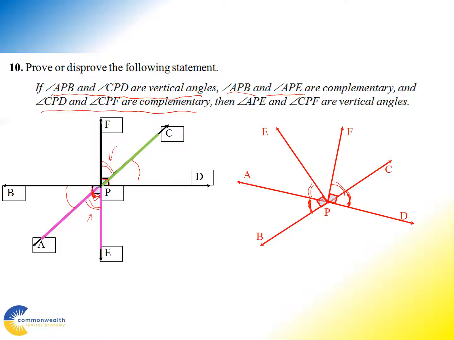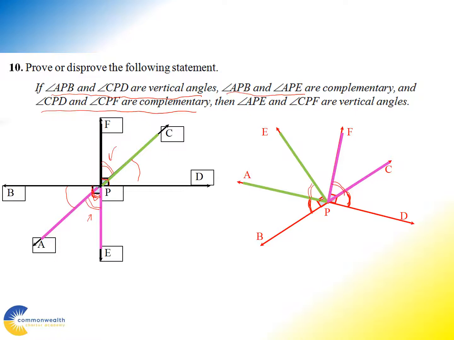But you can see it fits all the conditions. It fits every condition here. I just have E in a slightly different position, as well as F. But this angle and this angle, the two angles I'm talking about, APE and CPF, are clearly not vertical angles.